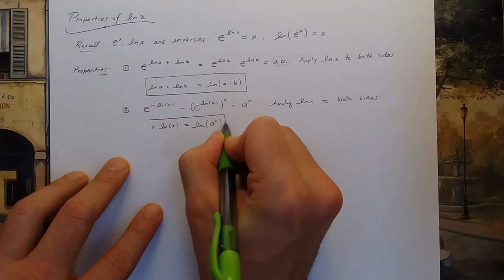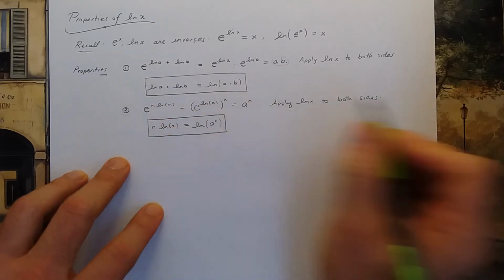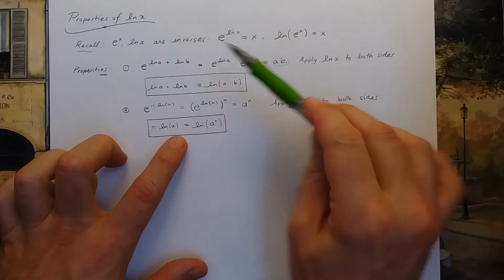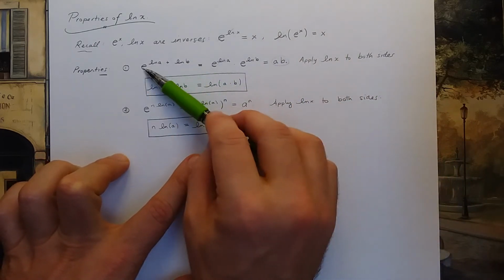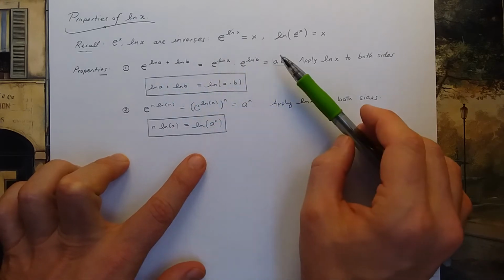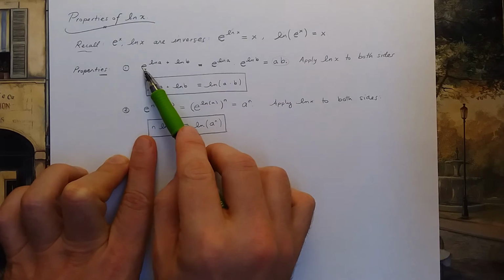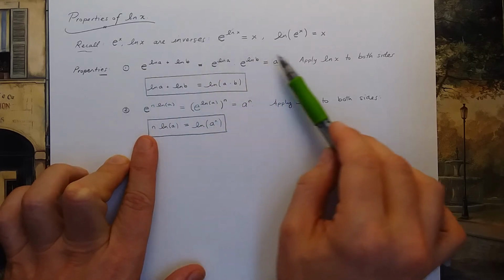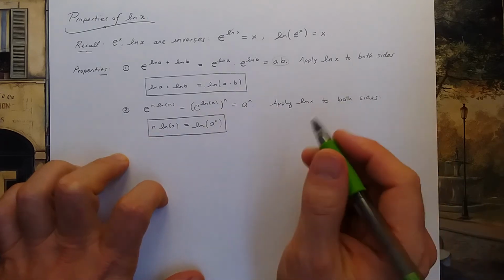This is another famous property of logarithms that I'm hoping that you'll internalize. Both properties 1 and 2 come from analogous properties in the exponential function. So what I did to get properties 1 and 2 was just to take a known property of exponents and apply log to get a new property involving logarithms.